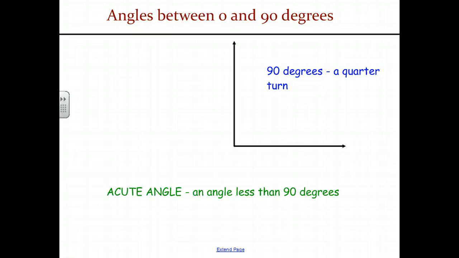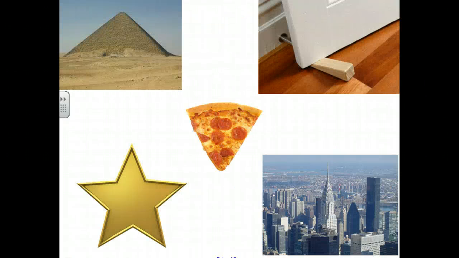That is, any angle less than 90 degrees, still greater than 0, but less than 90 degrees, is called an acute angle. Some examples of acute angles in the world: the pyramids create an acute angle when you look at them from the side, a little bit less than square. Doorstops have an acute angle down at the tip that keeps the door open.